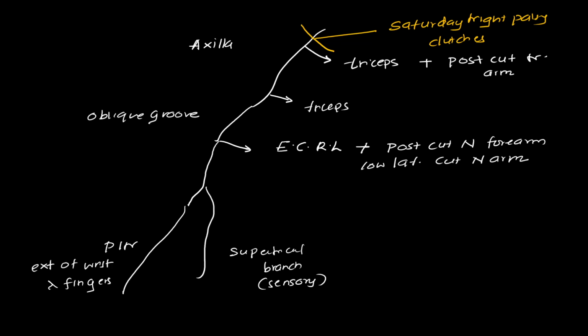So what would you lose? You would lose everything. The patient will not be able to extend the elbow joint, because the triceps are not working. There will be cutaneous loss in all the areas which are provided by the radial nerve. And also there will be a wrist drop as well as a finger drop.